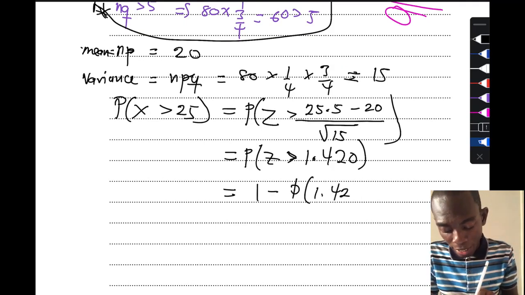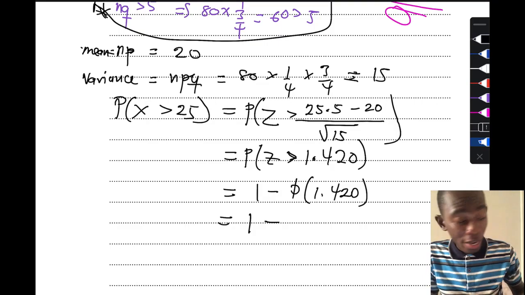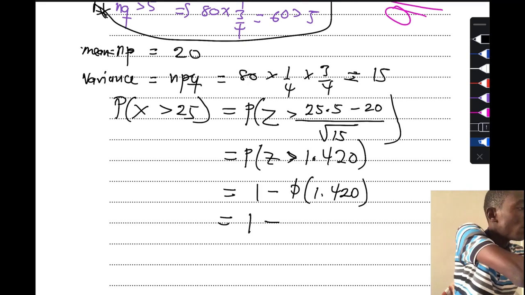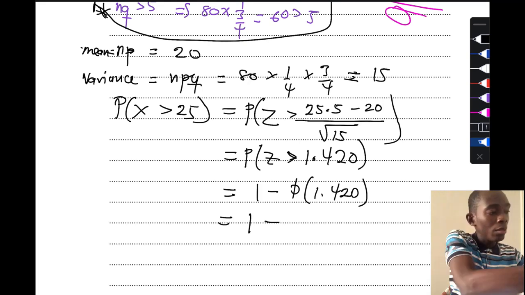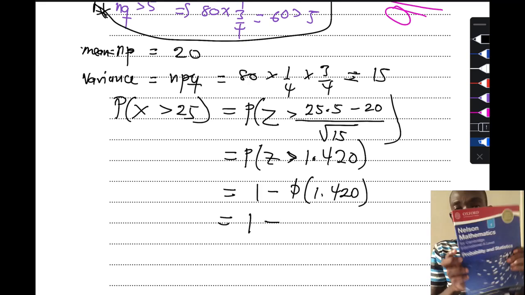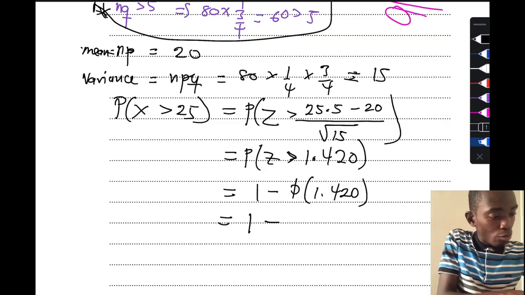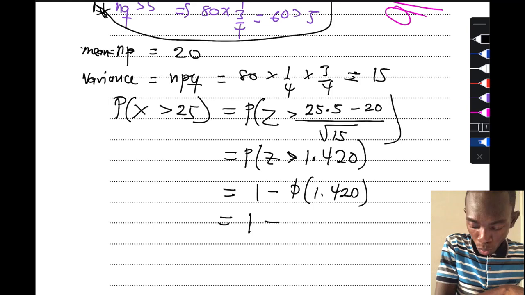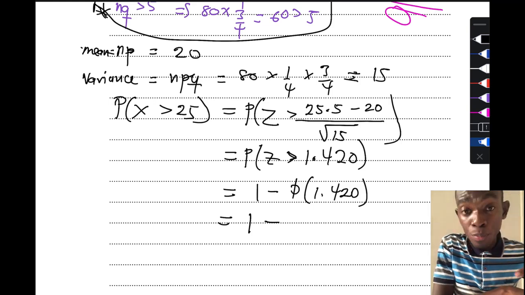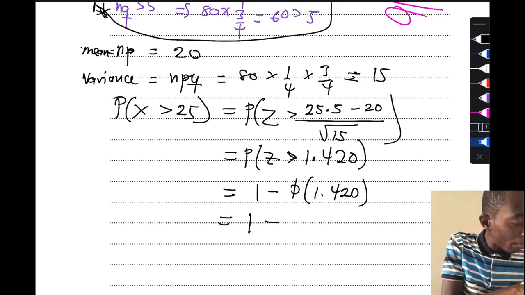Let's see phi of that value. I use the Nelson Mathematics book. Let's read the value for 1.42. It will be in your formula book, so don't think about how to get it.